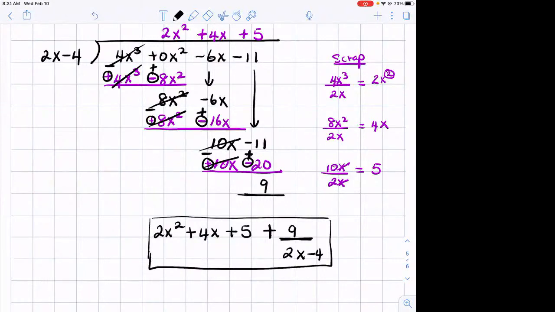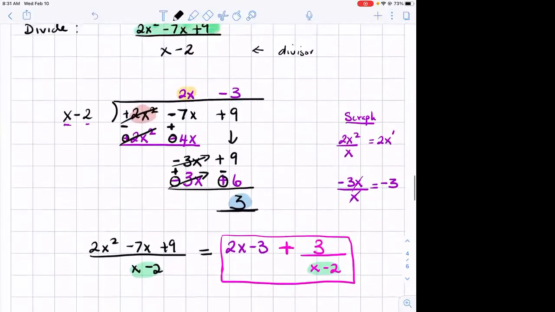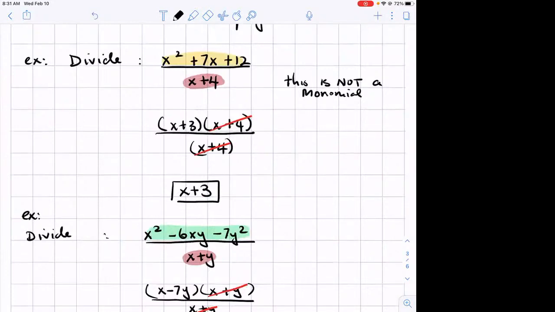Now, remember the very first problem I did, x squared plus 7x plus 12 over x plus 4. Sometimes we are thinking about our work and we don't see when things can be factored.